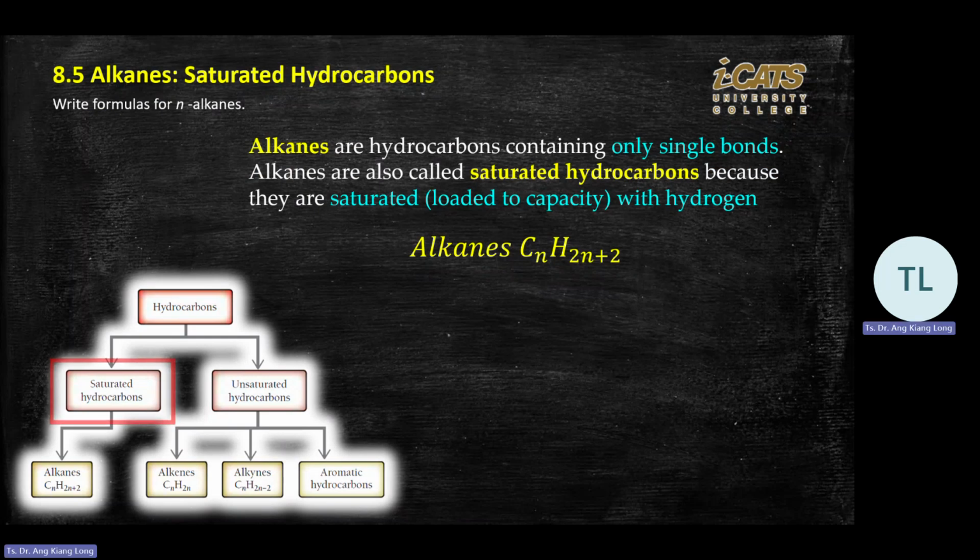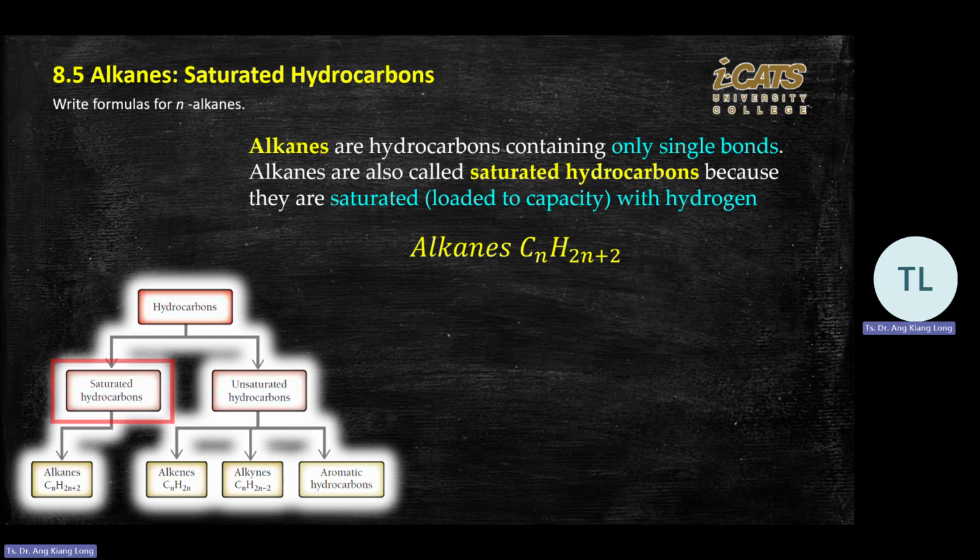Now, under saturated hydrocarbon, there is only one family, with the formula CnH2n+2: the alkanes, right? They are saturated carbon. So why are they called saturated? Because they are saturated with hydrogen.